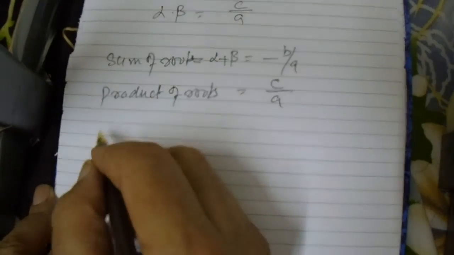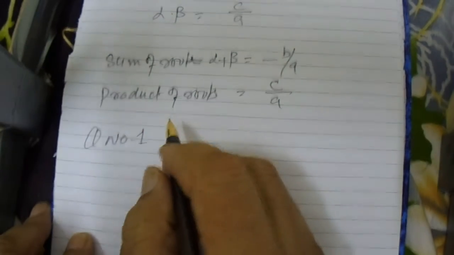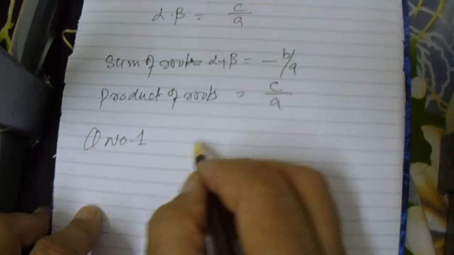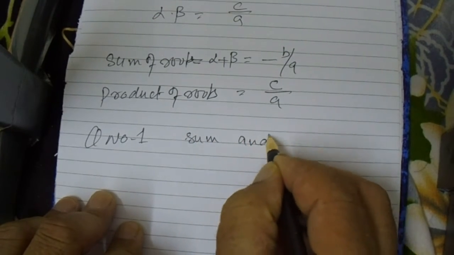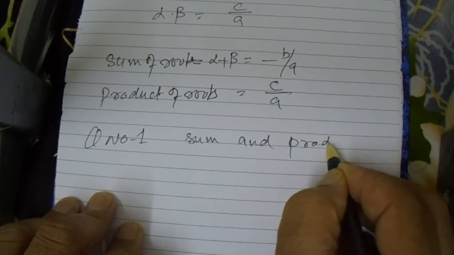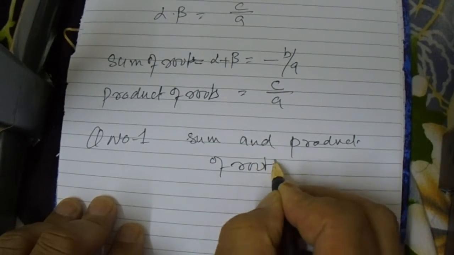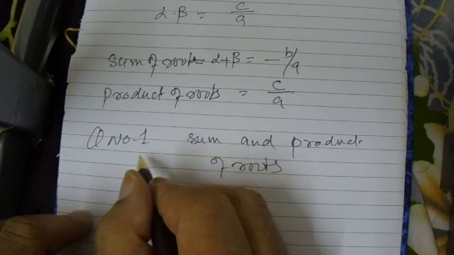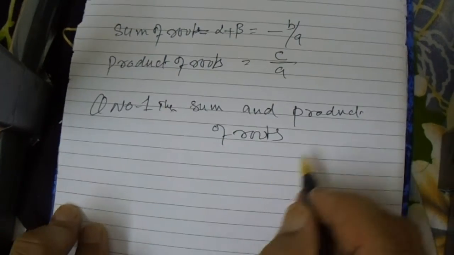First, question number 1: without solving, find the sum and product of roots of the following equations.